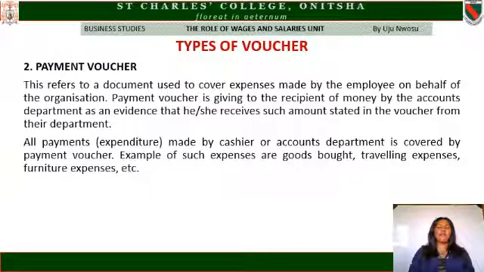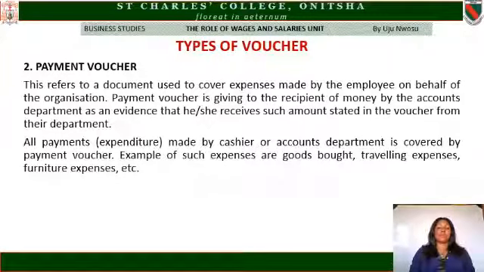Examples of such expenses are expenses on goods the employee bought for the organization, traveling expenses. Maybe an employee will travel on behalf of the organization to represent the organization on a particular orientation camp or workshop.